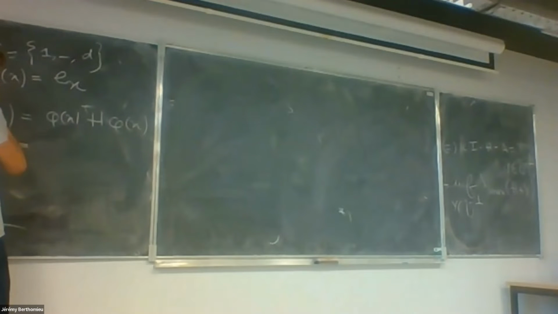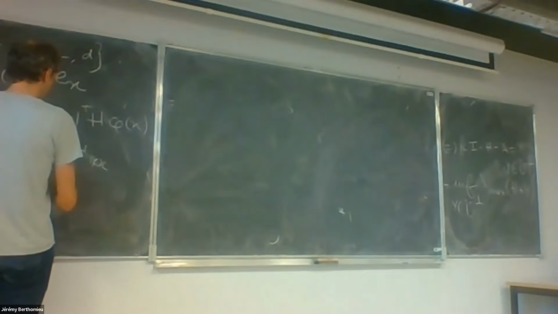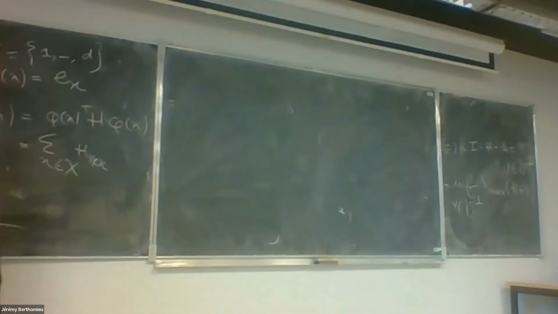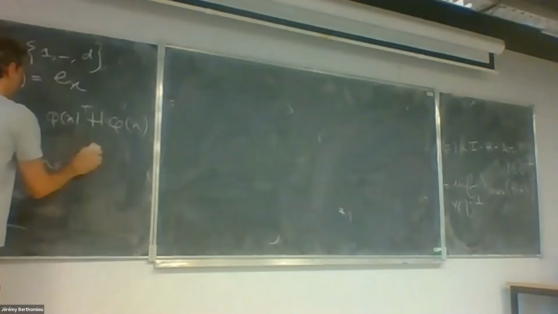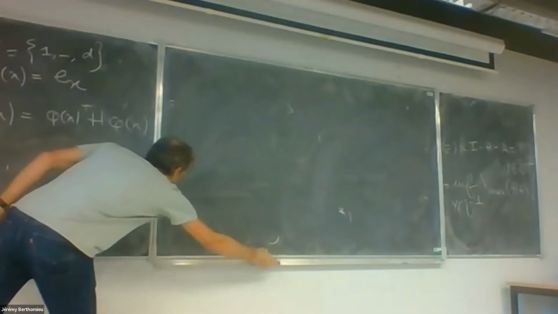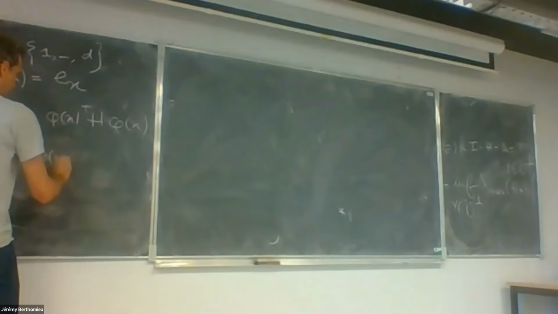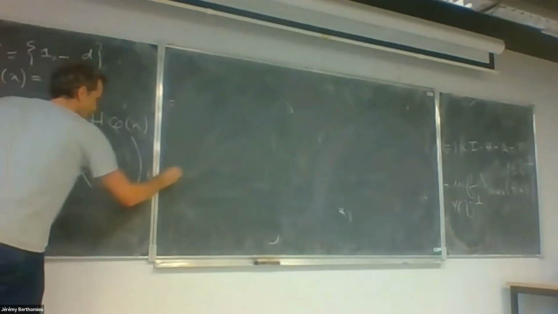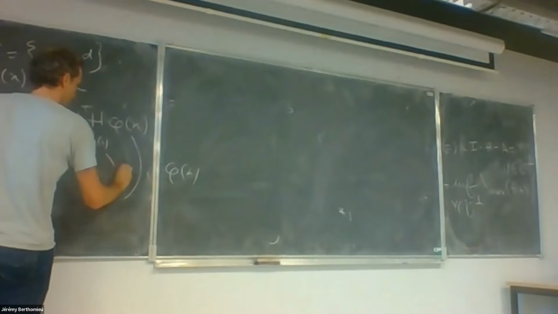This is just the sum over X of h of X. You put in X, essentially h_1 up to h_B.